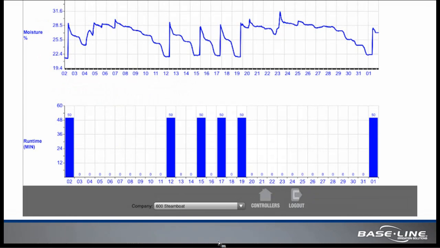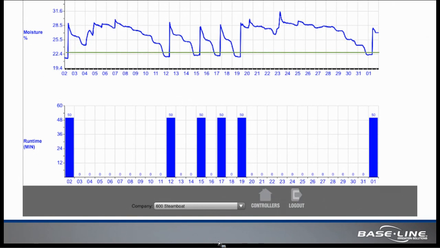This gives you another visual illustration of an actual system that operated in August of 2014, where this lower threshold watering strategy was being used to determine how frequent the irrigation actually needed to happen.